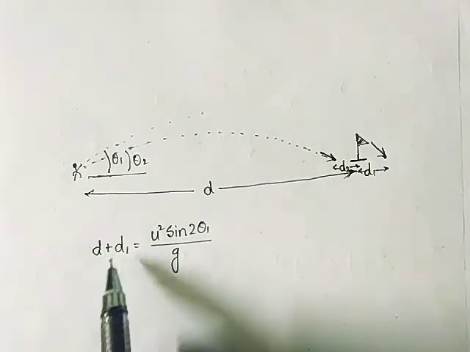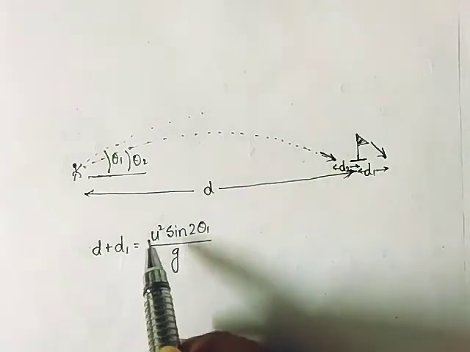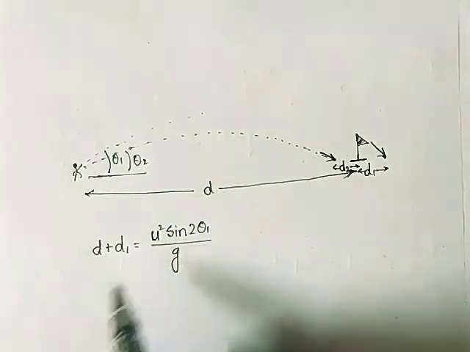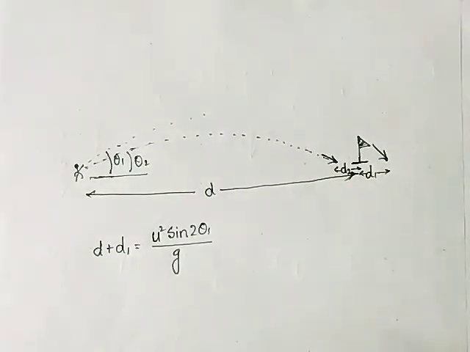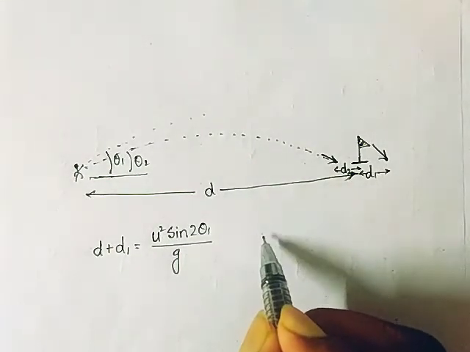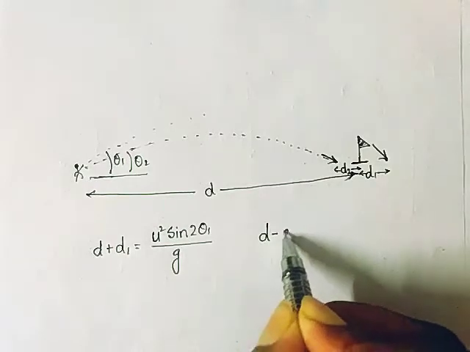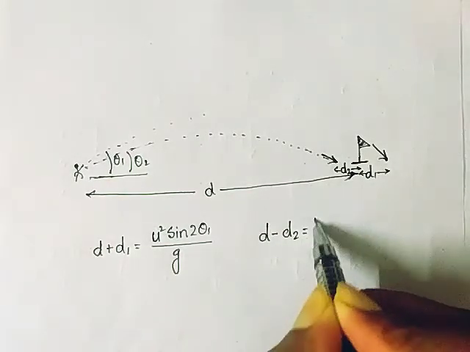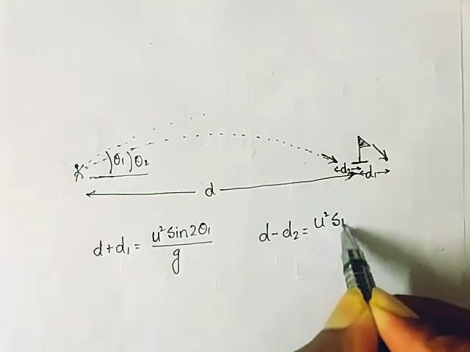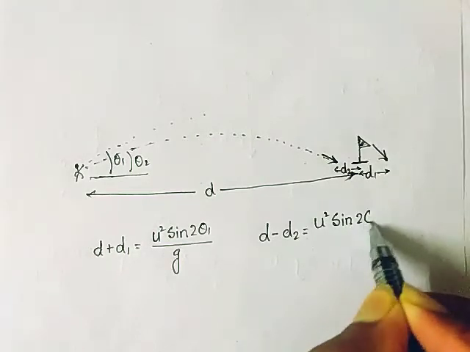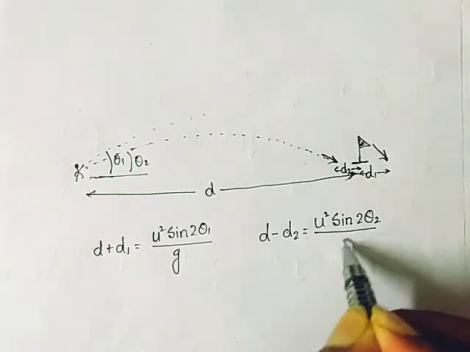Obviously d plus d1 will be its range, and here I considered in both cases the initial velocity of throwing is equal. In the next case, it will be d minus d2 equal to u square sine 2 theta 2 divided by g.